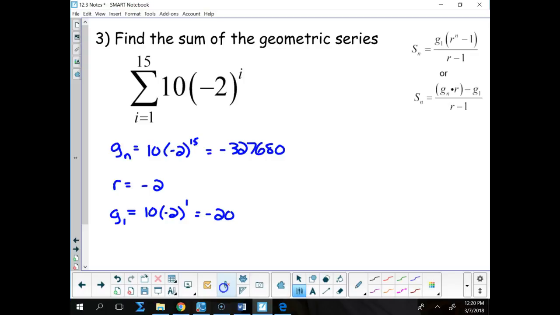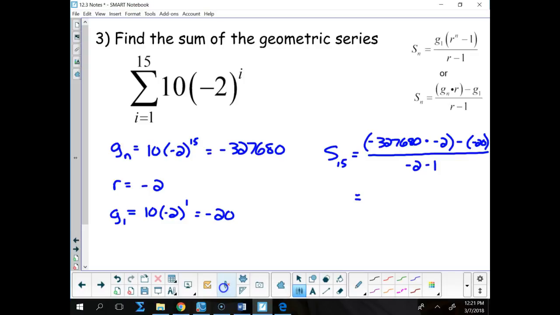There's 15, so the sum of the first 15 terms is going to be negative 327680 times R, which is negative 2, minus negative 20, all over negative 2 minus 1.